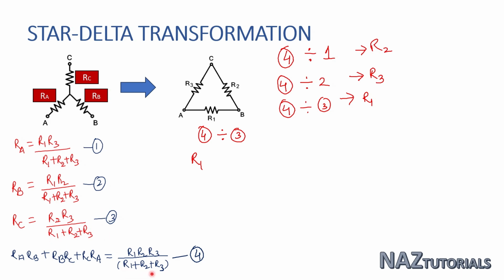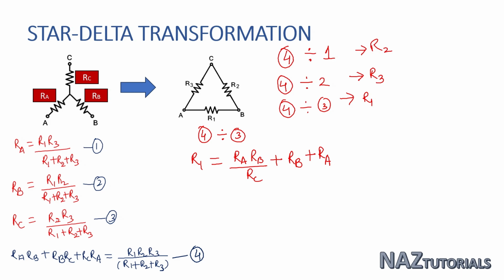R1 R2 R3 will be cancelled out, and R1 R2 R3 divided by R2 R3 you will get R1, and from the left hand side you will get RC divided, so R1 is equal to RA divided by RA plus RB plus RC. This is the formula for R1.